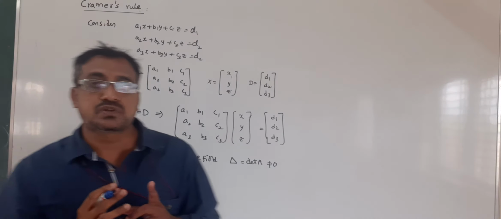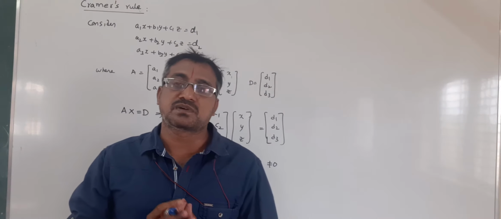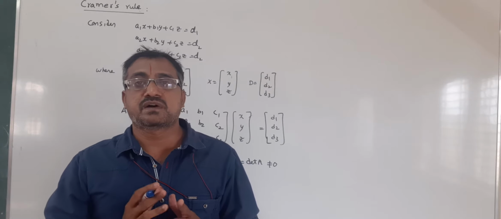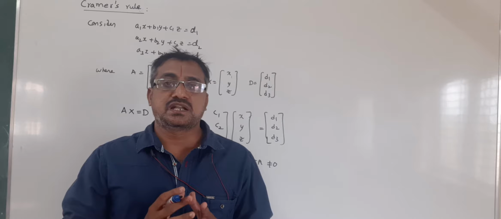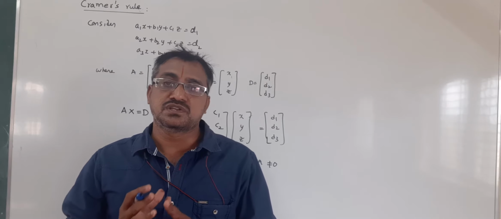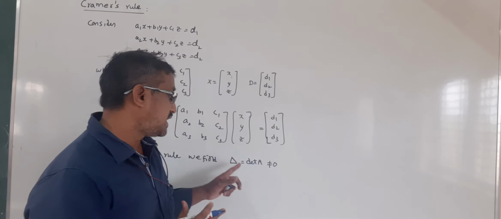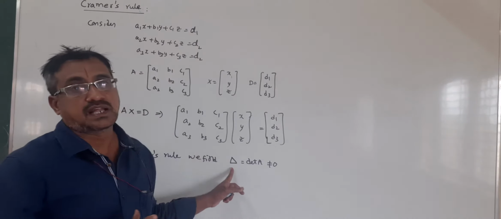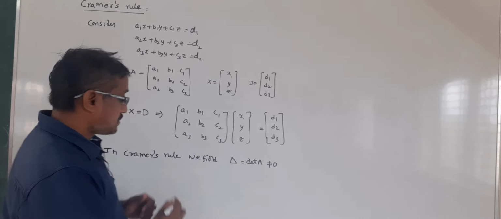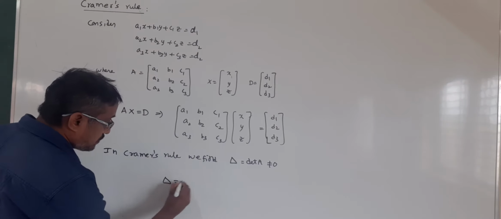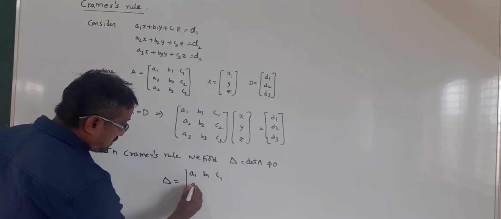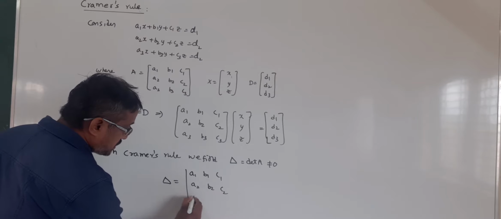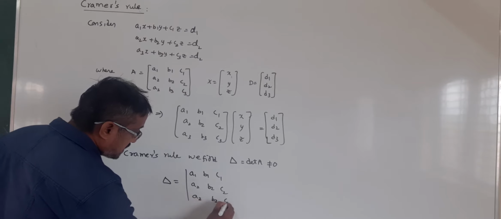Remember that to proceed in Cramer's rule, you need to find the value of det A. That det A must be a non-zero number. So we find det A, which is equal to delta. So delta is equal to the determinant of a1, b1, c1, a2, b2, c2, a3, b3, c3.